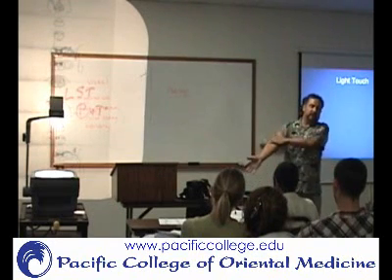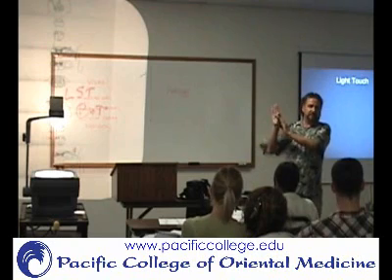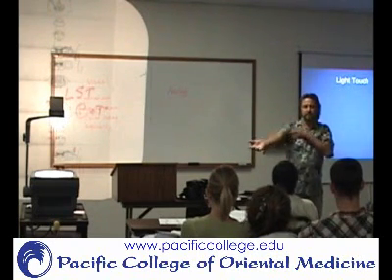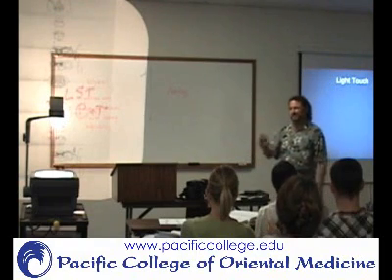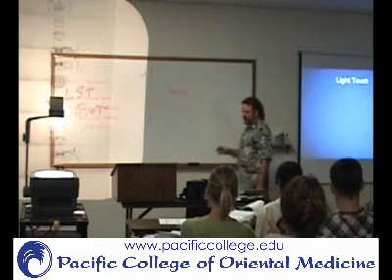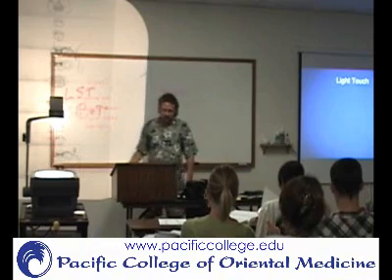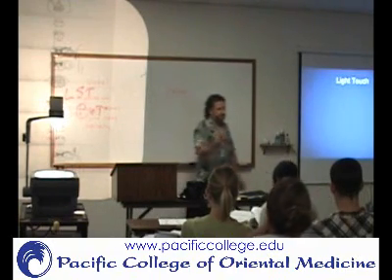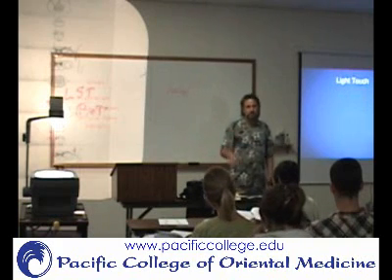Okay? So C5, this is C6, this is C7, this is C8, T1, T2. There's different variations depending on what kind of dermatomal charts. Okay, I mean, and we're not necessarily covering that right now, but it's something that you're going to need to know, and so the more times you hear it, the better.